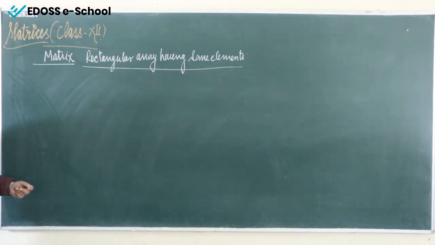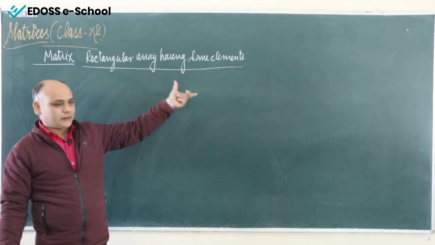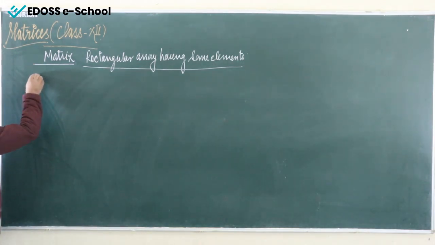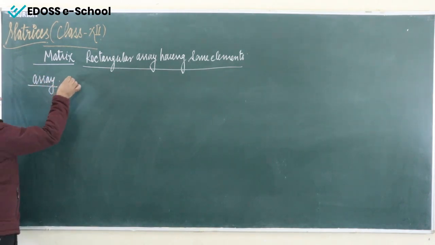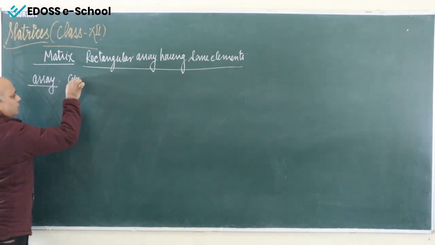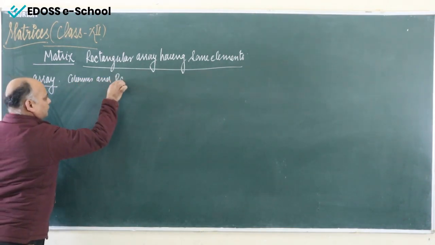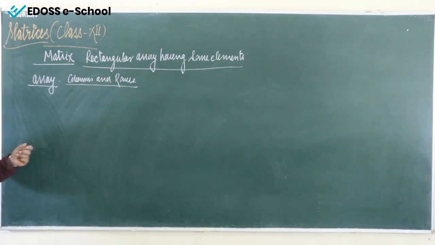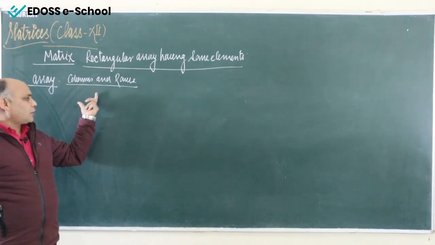A matrix is a combination, or you can say a rectangular array having some elements. An array is an arrangement having some columns and some rows. So a matrix is a combination of rows and columns.